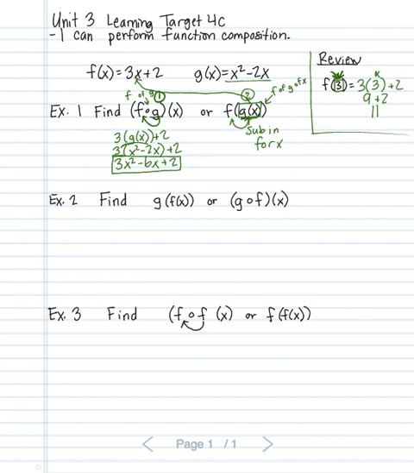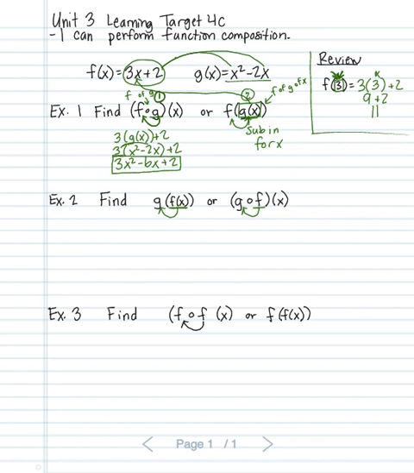So let's look at example 2. This one says take whatever f is and fill it in for g. Written the other way, it still says take whatever f is and fill it in for g. So we're going to take this function, f, and fill it in for the x values in g.